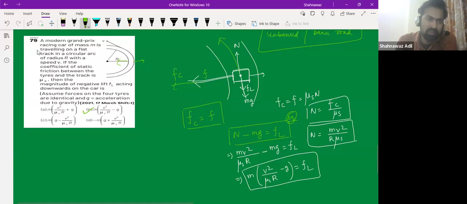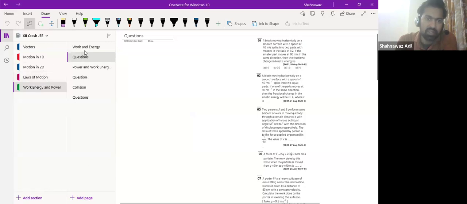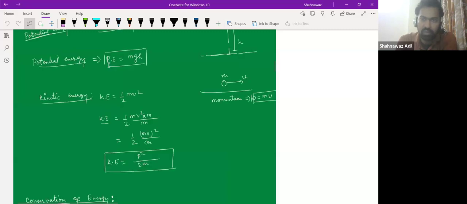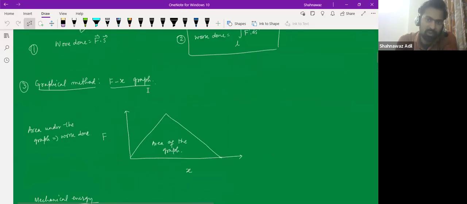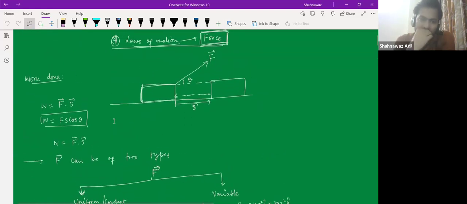So what is the next part? All these things you already know, right? So I will not talk about this, but we already know what work done is. How do we define the work done? Work done is always attributed to the force.